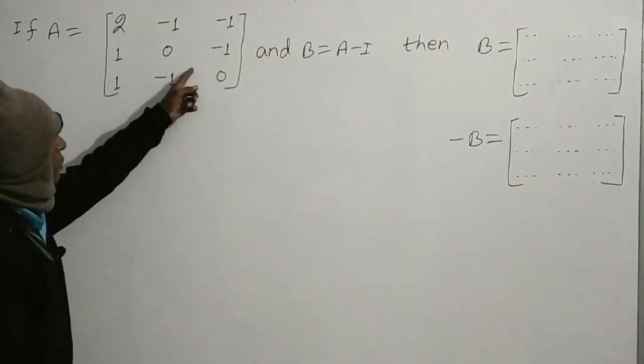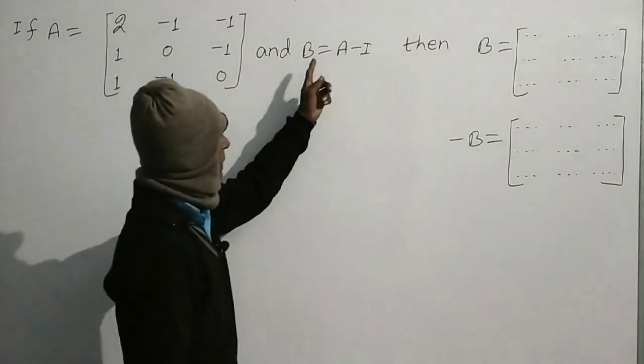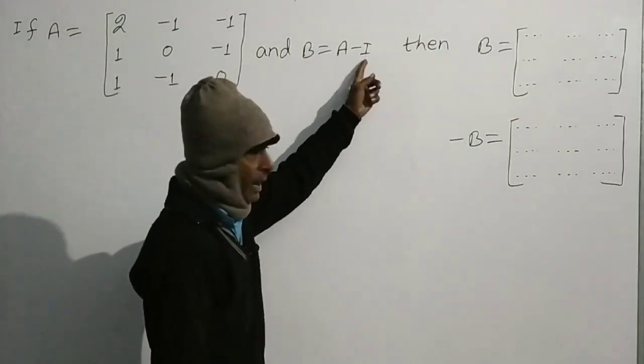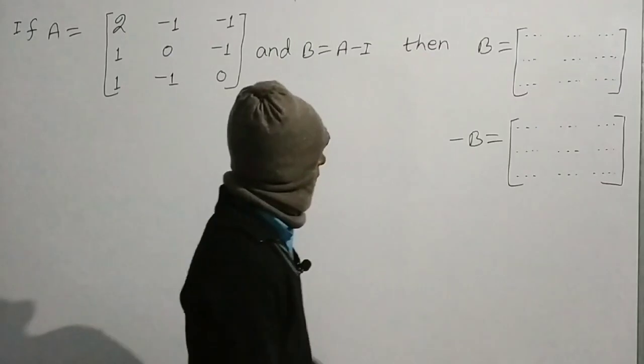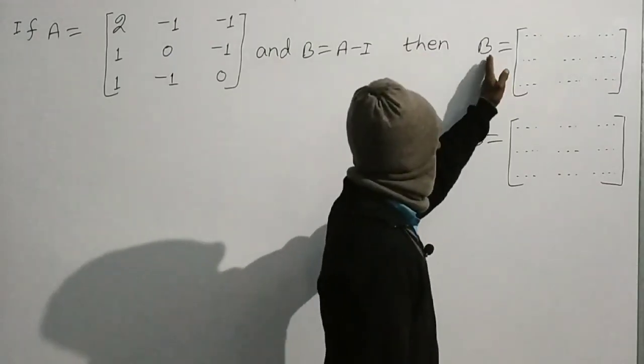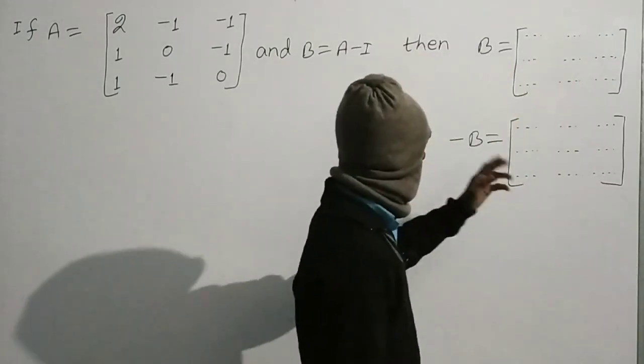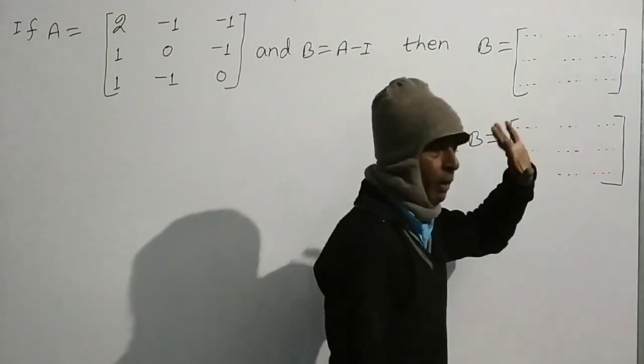A is equal to this matrix, B is equal to A minus I, I means unit matrix. We have to find B is equal to what matrix, minus B is equal to what matrix.